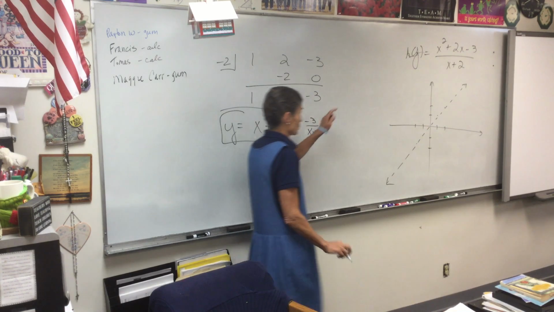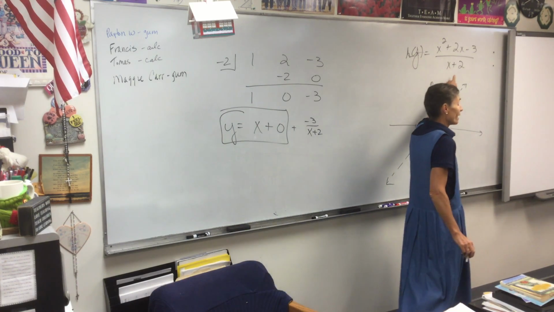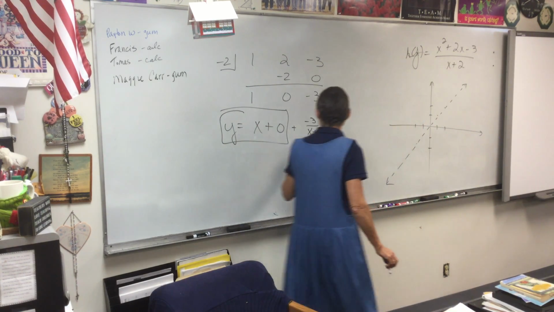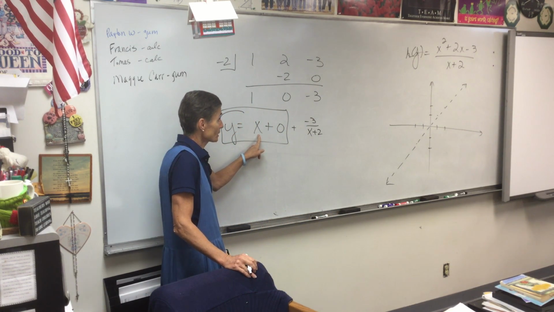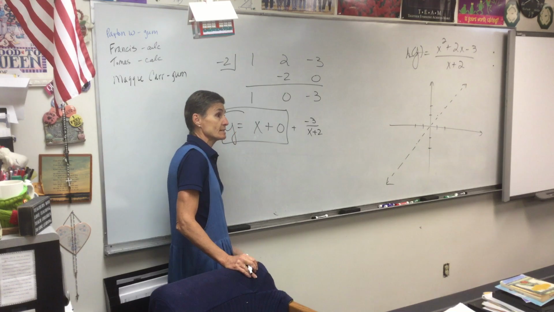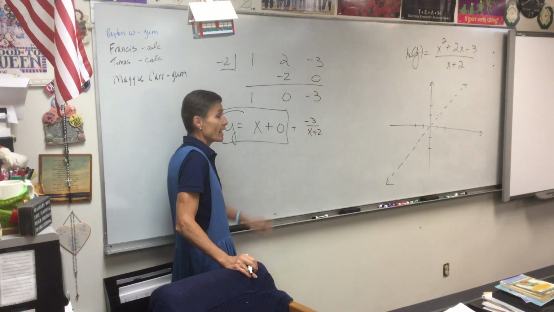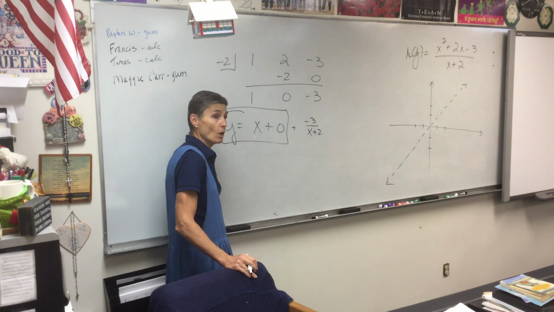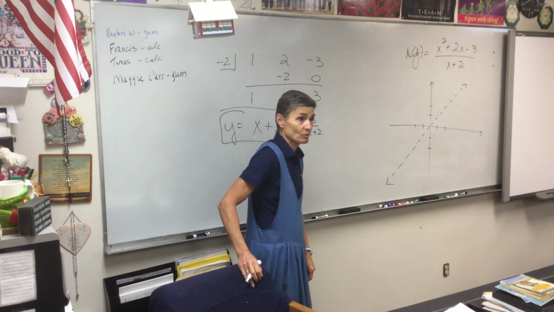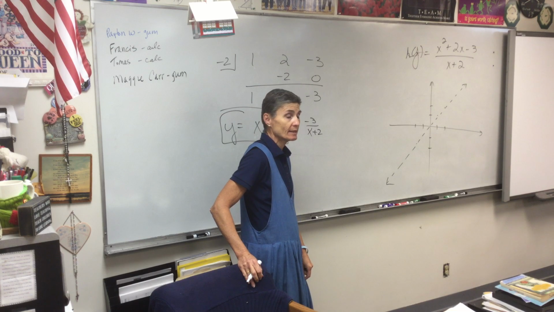When you have an x squared divided by an x, that's going to leave you with a plain x when you do the division. Now, everything else is the same. Is this going to have any holes? No, because the top doesn't factor, so I'm not going to be able to cancel anything.